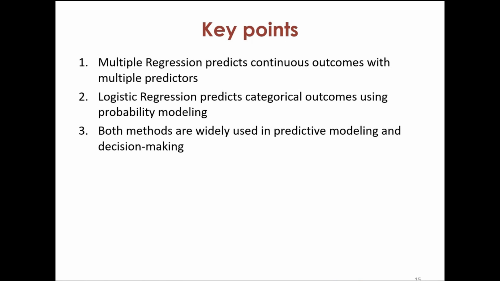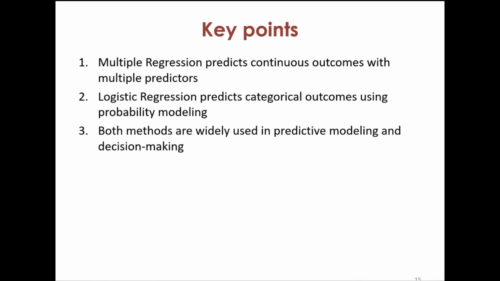That means two classes, yes or no. Yeah. We do not cover multiple logistic regression. However, it doesn't mean that multiple factor logistic regression is not there. It is there. It's just not covered in this lecture.